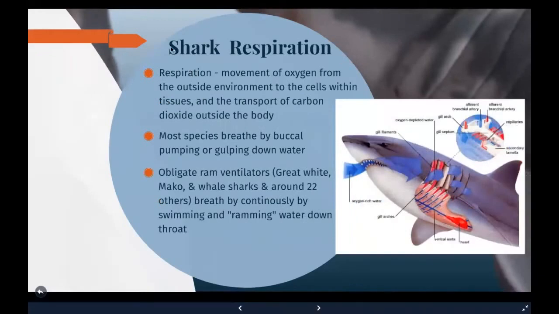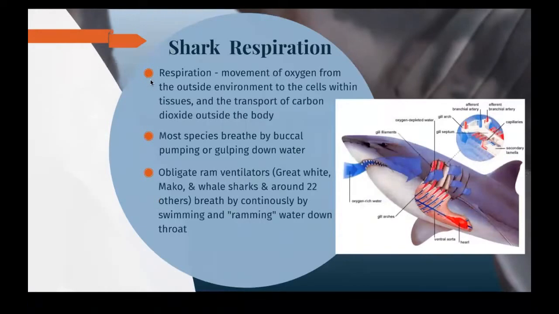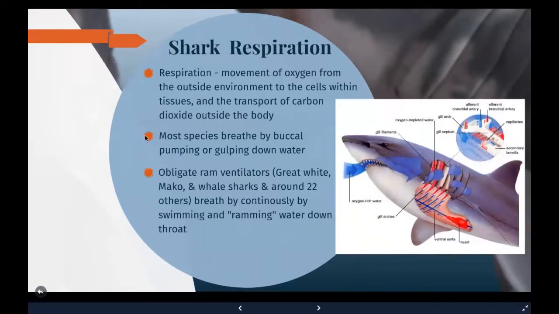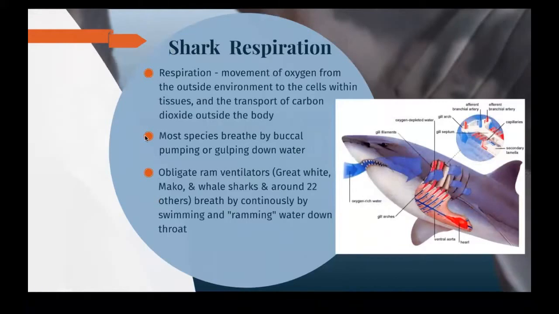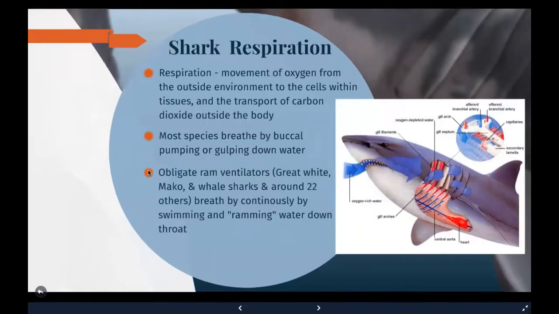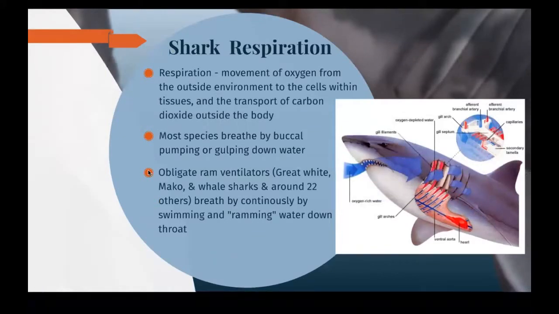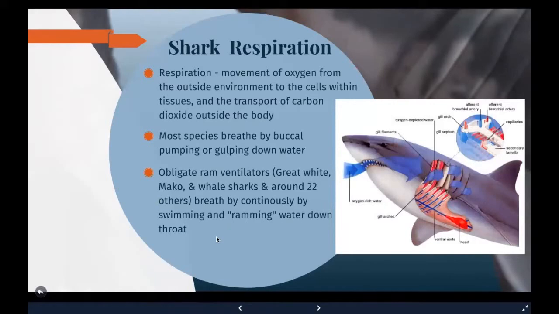Okay, shark breathing or respiration. What is respiration? It's the movement of oxygen from the outside environment to the cells within the tissues and the transport of carbon dioxide outside the body. Most species breathe by buccal pumping or gulping down water. Obligate ram ventilators, the great white, mako, and whale sharks, and around 22 other species of shark can breathe by continuously swimming and ramming water down their throat.